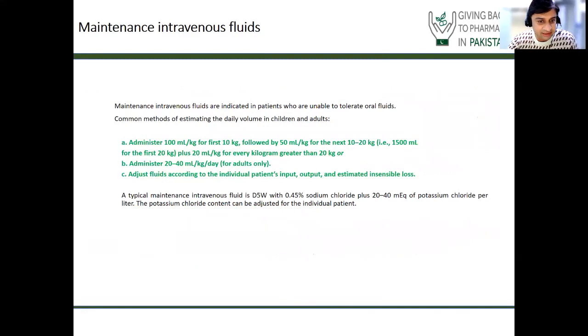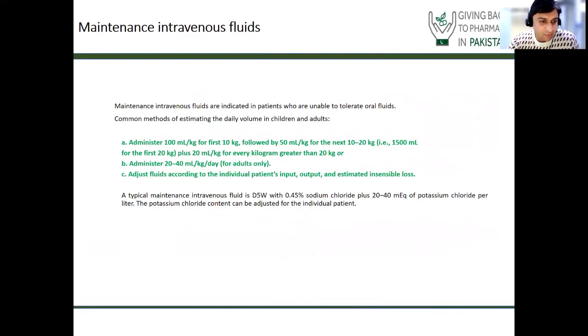Most of the organizations have their own formulas. Some institutes give maintenance fluids weight based, and some of them have formulas. The most common formula is the one written here in this slide and your workbook as well.